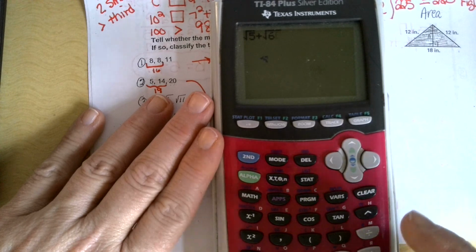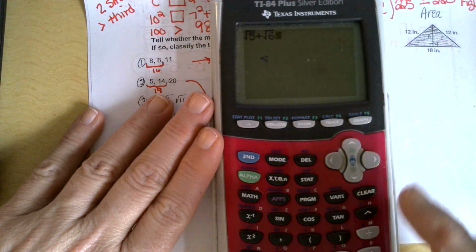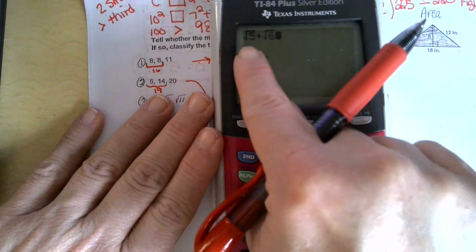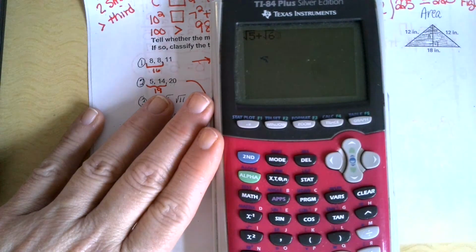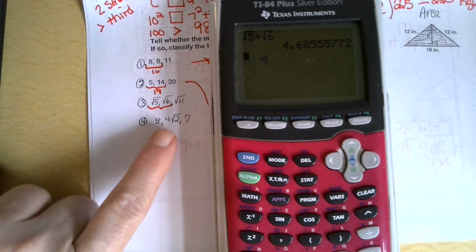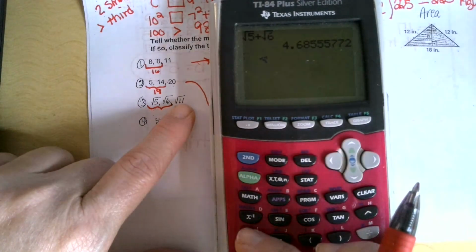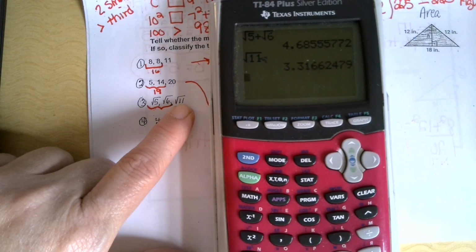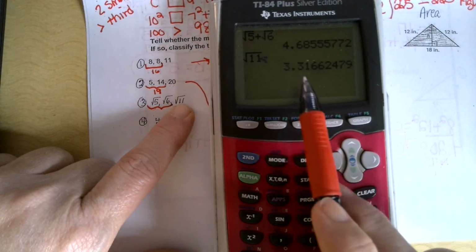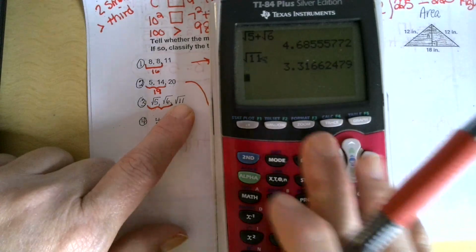I want you to notice I'm underneath the radical and I arrow over to get out of it before I continue. So make sure they are individual radicals, and I can help you with that if you need to know. So that is 4.68 for the two smaller pieces, and I'm going to see what that is compared to the square root of 11. So they are bigger than the third side, so I can continue.